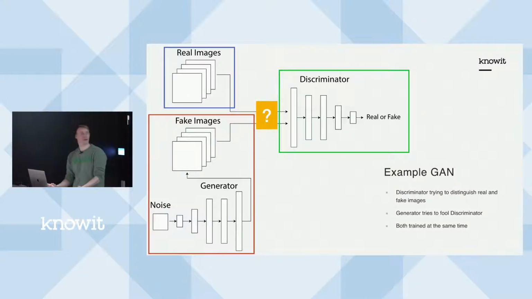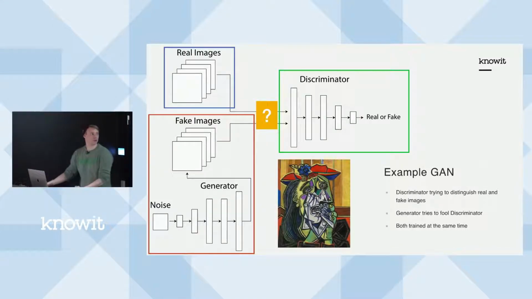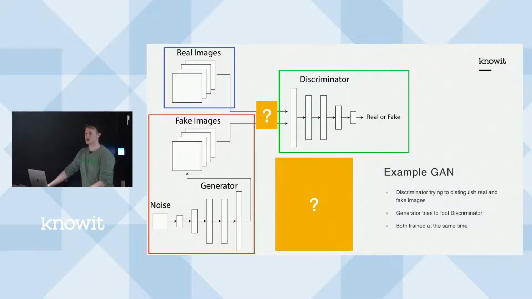A more abstract example could be that you want to draw like Picasso. You want to make Picasso art, but you have never seen Picasso art before. So you just take out a piece of paper and you start drawing.